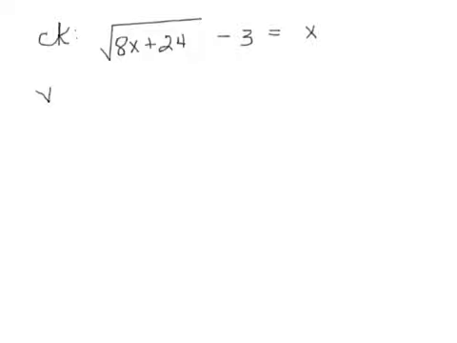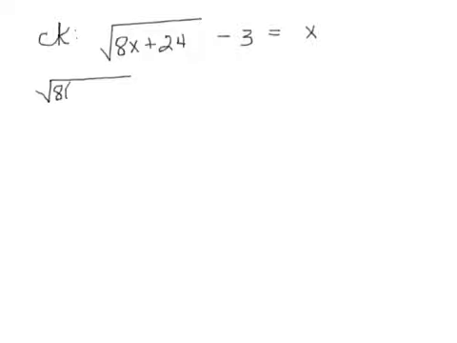So we need to check this answer. And we're going to go back to our original equation, which is the square root of 8x plus 24 minus 3 is equal to x. So we're going to start with checking x is equal to negative 3 first.